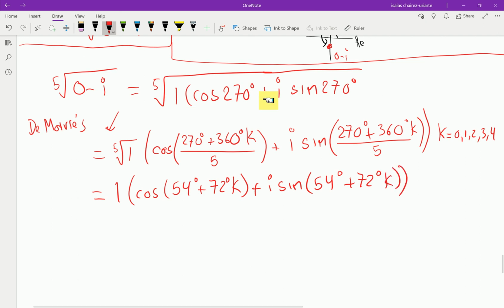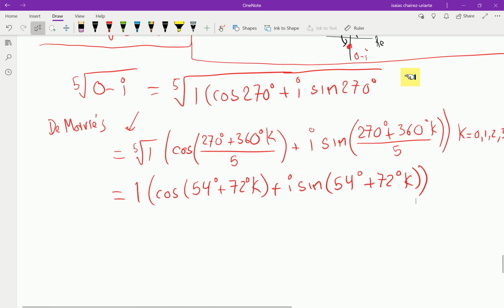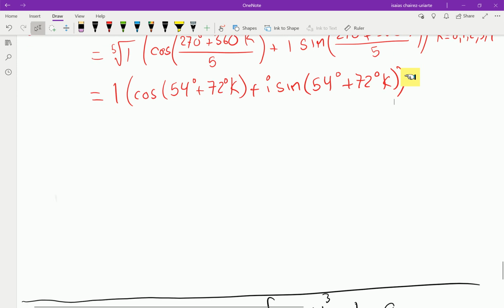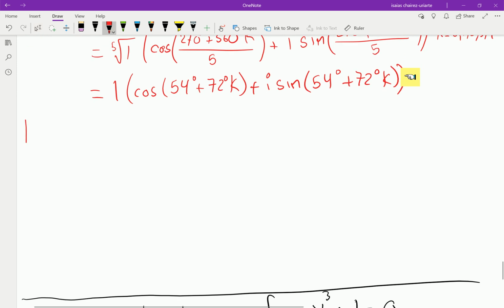And again, k varies all the way from 0 to 4. Alright, so we're almost there. Now we just gotta play with this counter 0, 1, 2, 3, 4. So if k is equal to 0, what's going to end up happening is we're going to get the following.